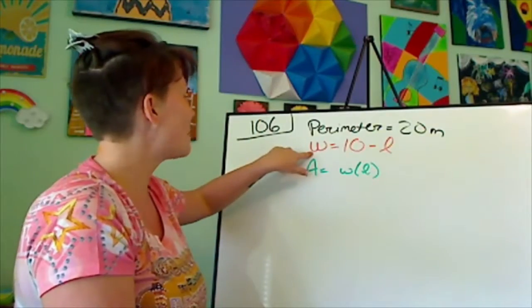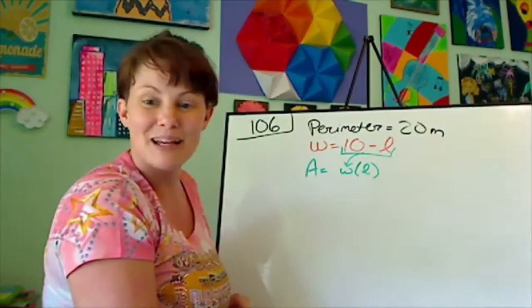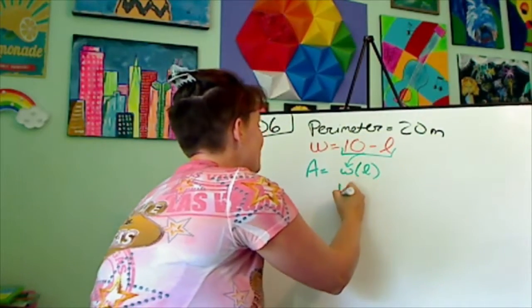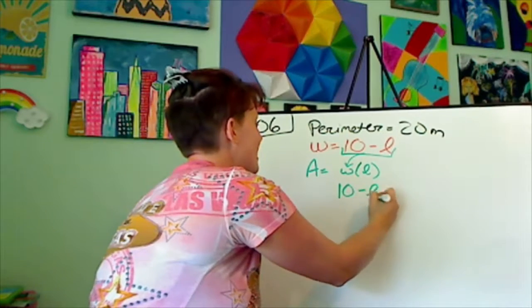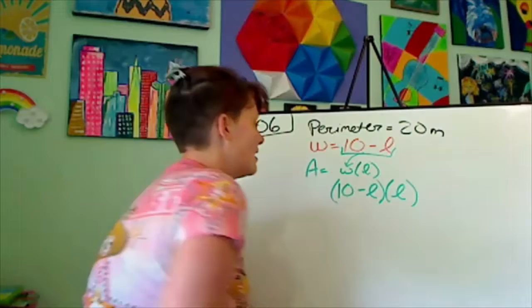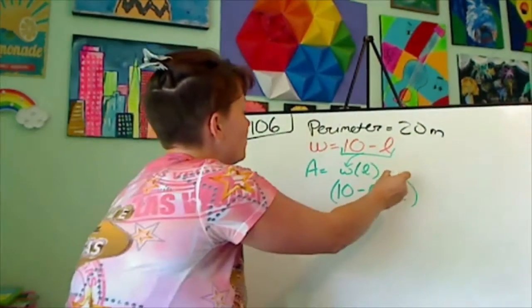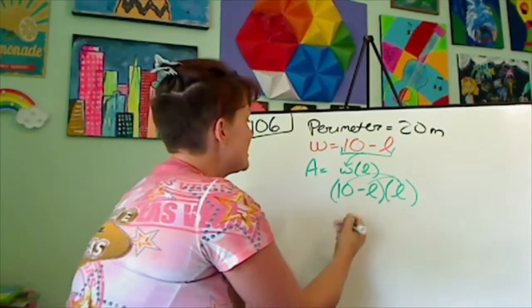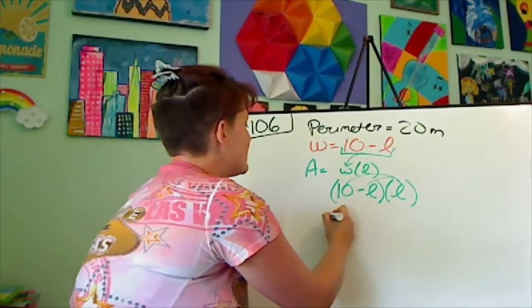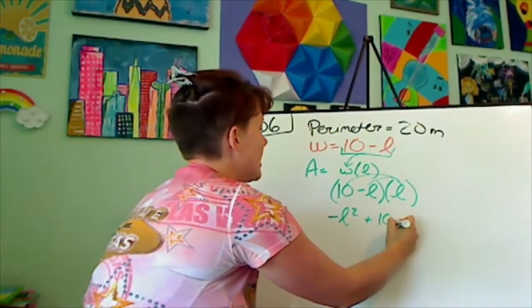And we can substitute in 10 minus L for our width. So we get 10 minus L times L. You could say it like that, or if you wanted to, you could distribute this in, and you could get negative L squared plus 10L.